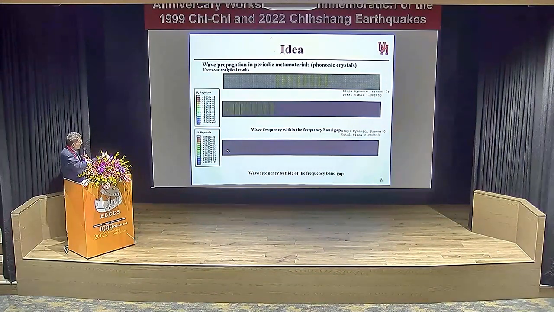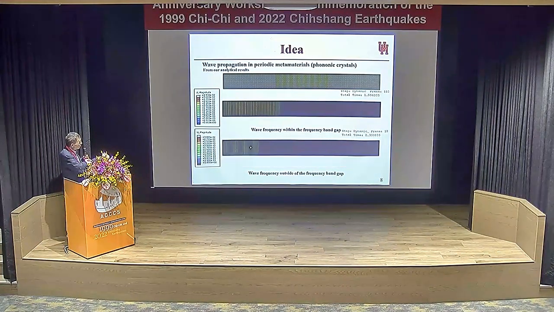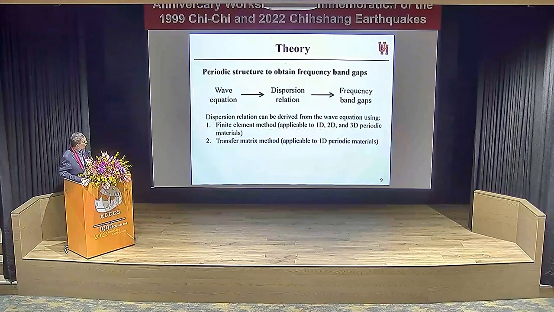In contrast, if the frequency of the incoming wave is outside the frequency band gap, this wave will pass through. This is a metamaterial we designed. This is very, very interesting. From this idea, we think we should apply metamaterial to seismic isolation.